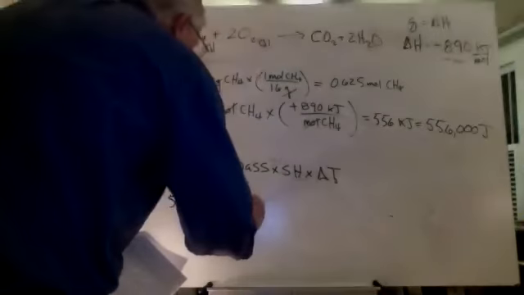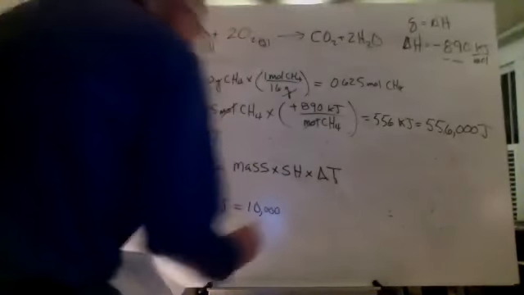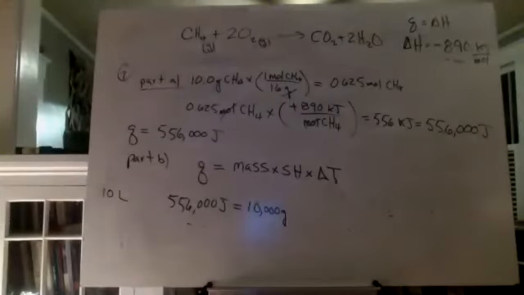So we're going to assume 10 liters, which would be 10,000 milliliters, which would be 10,000 grams. Okay?